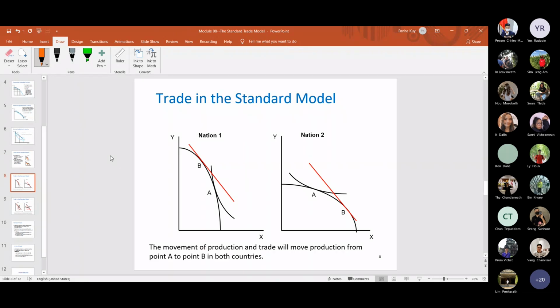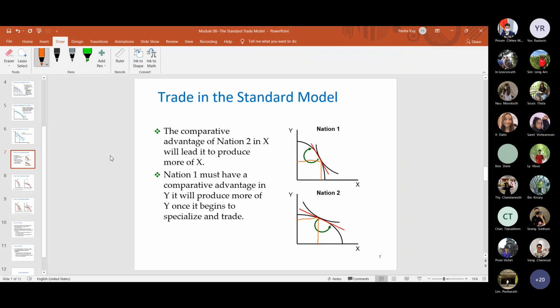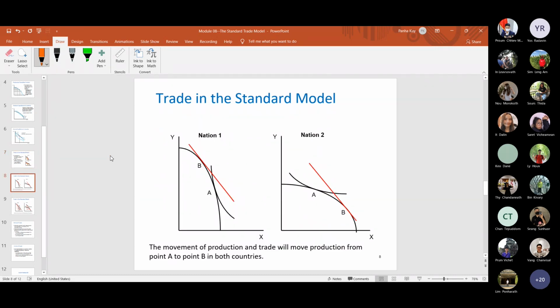If they open to trade, they will reallocate their resources in producing these two goods. Since nation 1 realized that it has a comparative advantage over nation 2 in X, it will produce more X. Yeah, they will change to point B.